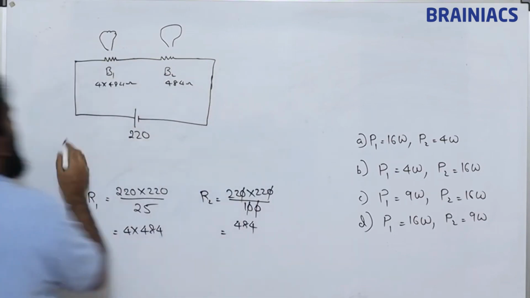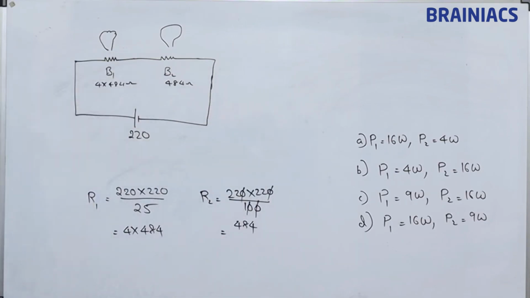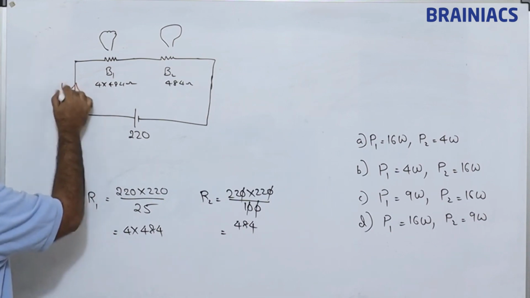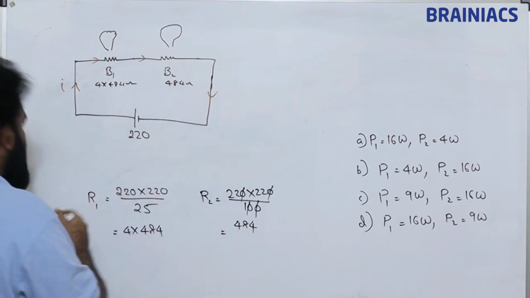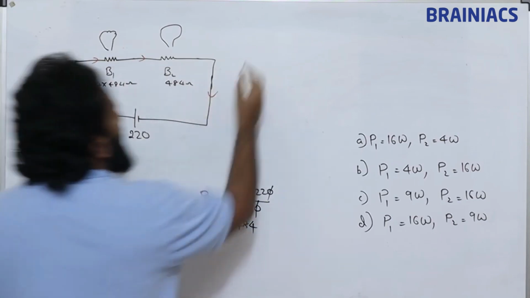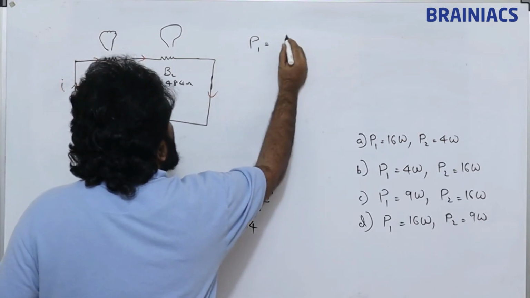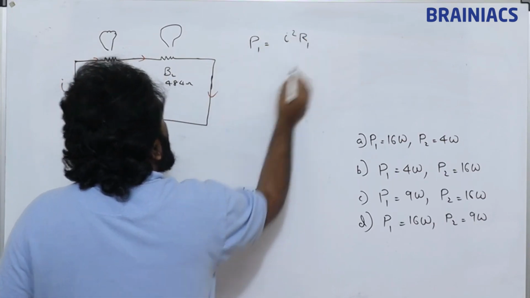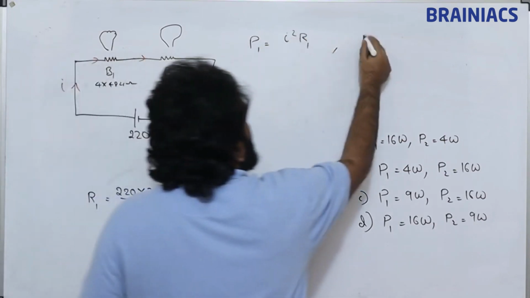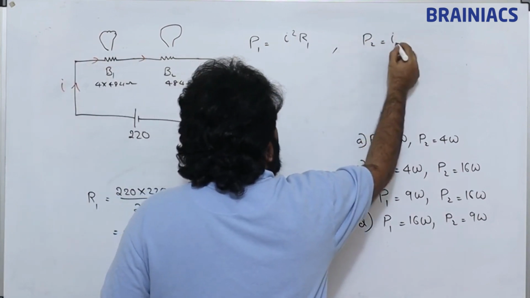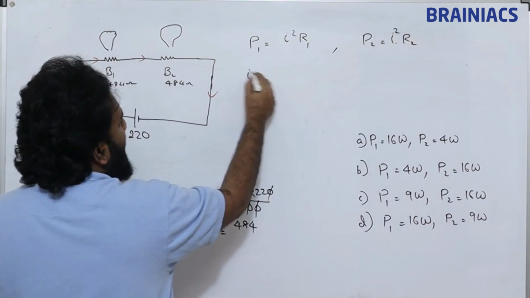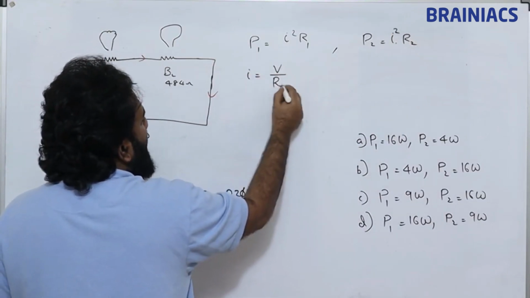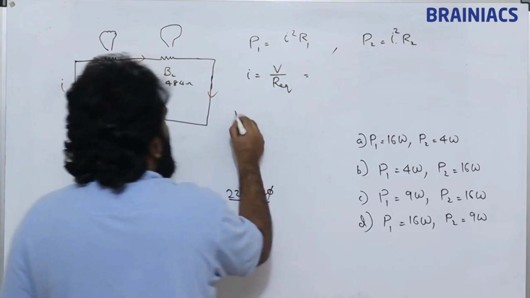So we need to find the current passing through the circuit. Current will be the same in both the resistances. So P1 is equal to I square R1 and P2 is equal to I square R2. How to find I? I is V by R equivalent.